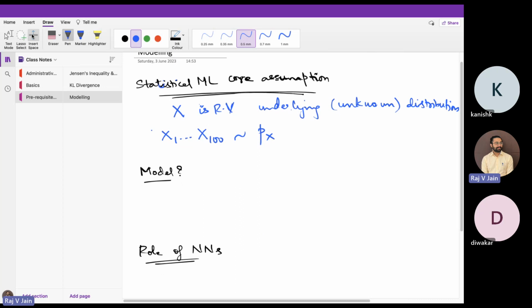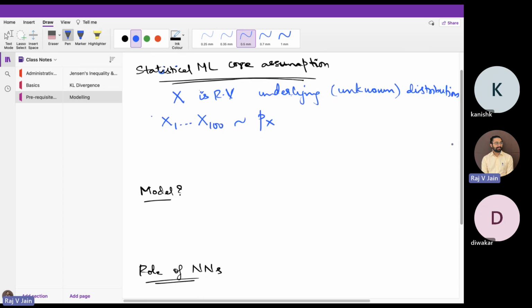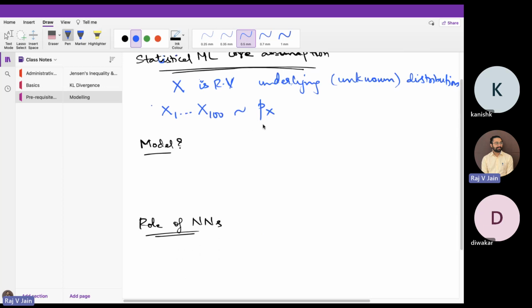So this Px is the underlying distribution from which you're getting your data, whatever that data may be. It could be audio samples, brain images, your usual images, or the Titanic data set. All of these follow some unknown distribution, and whatever data you have is just a sample from that distribution.